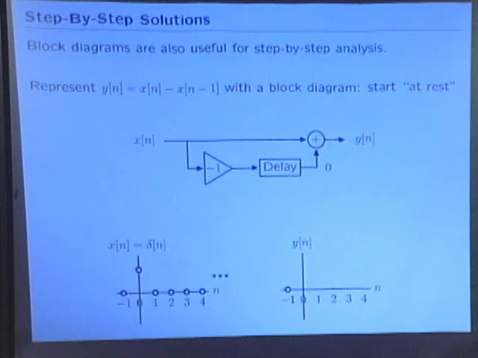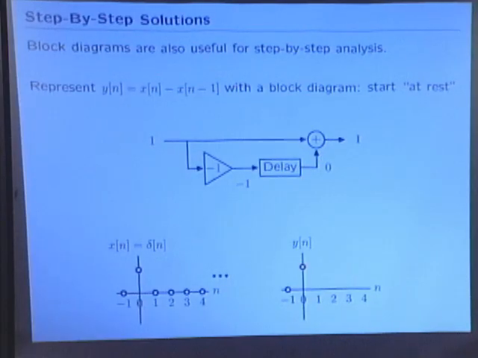So now we think about the input chugging along. The input starts out being 1. That means the inverted input is -1. That doesn't propagate through the delay because we're still at the instant when the input just became 1 for the first time. So this 1 goes through and adds to this 0 to give us 1, and our answer is 1.